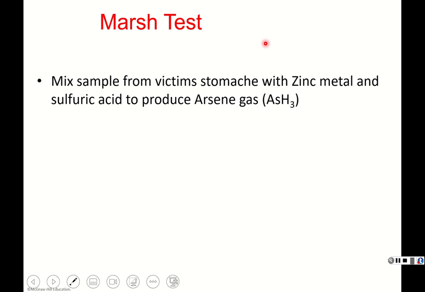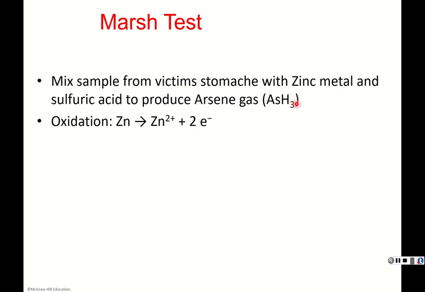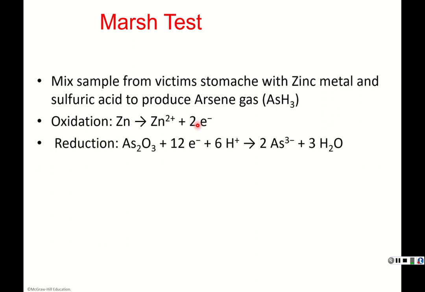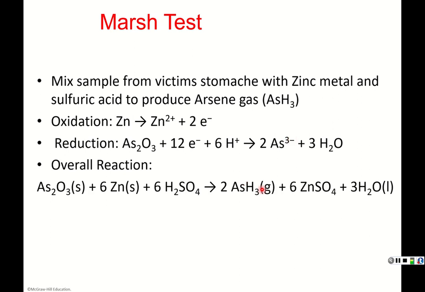So what you do is you use a sample from the victim's stomach, with zinc metal and sulfuric acid to produce what's known as arsine gas, AsH3. So the oxidation that takes place, your zinc metal gives up electrons, so there's some redox going on in here, and reduction, the arsenic poison, As2O3, takes those electrons and gets reduced to As3-, which then can combine with hydrogen.